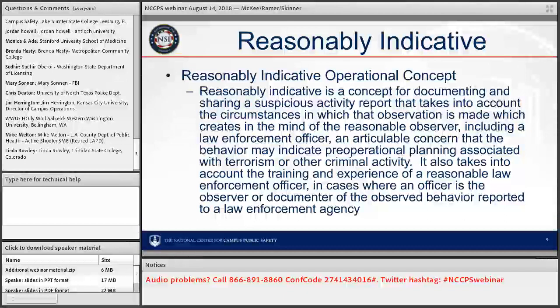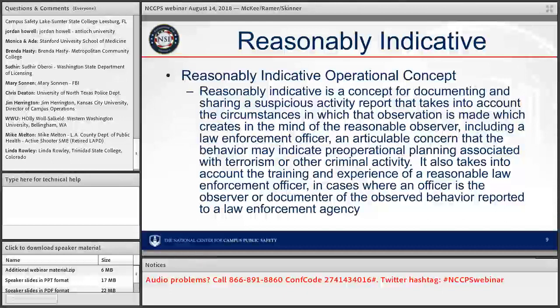You don't have to prove it's terrorism. You don't have to have probable cause to believe it. It just says any circumstances when viewed by a reasonable observer, including law enforcement and security, who has an articulable concern that the behavior may be indicative of pre-operational planning related to terrorism or other criminal activity, then it's okay to share that information. So again, not a high standard.